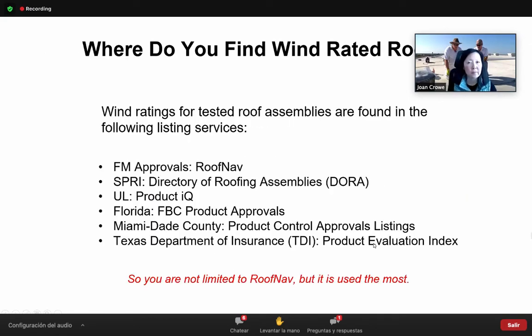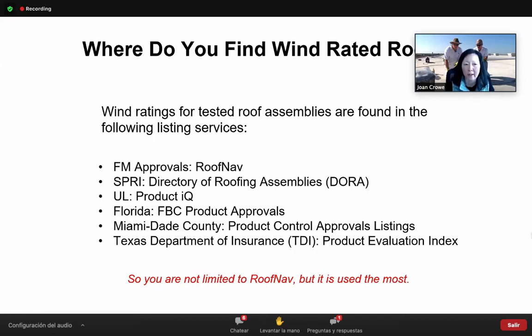So the question always comes up, where do I find a rated system? Well, believe it or not, there are actually 6 sources for finding wind-rated roof systems. They're called listing services, and these are the 6, but the most popular one is definitely RoofNav, right? The second one, which I recommend people using, unfortunately doesn't have as many listings as RoofNav, but still it's so user-friendly.